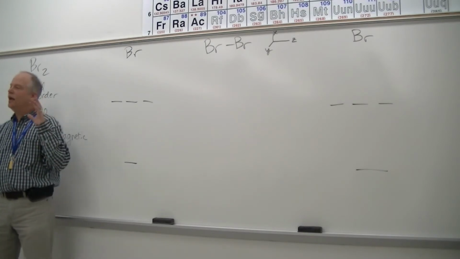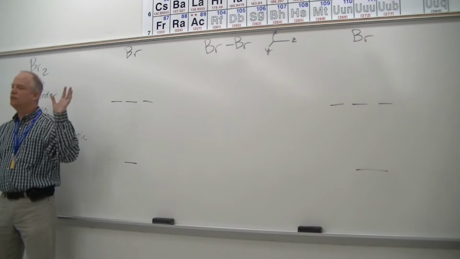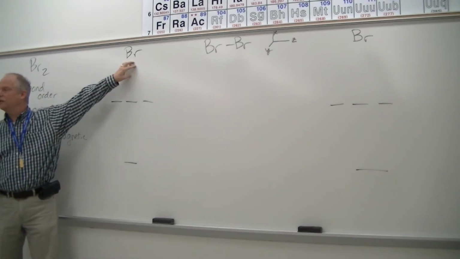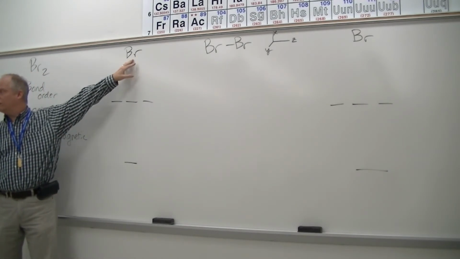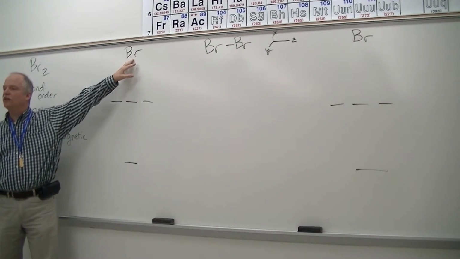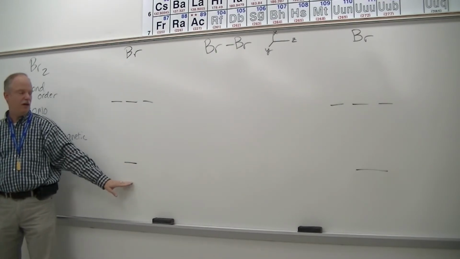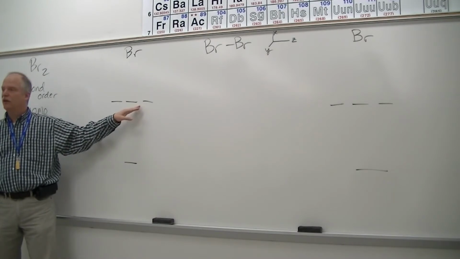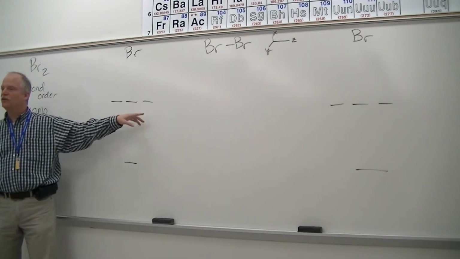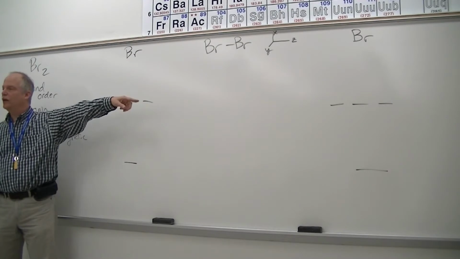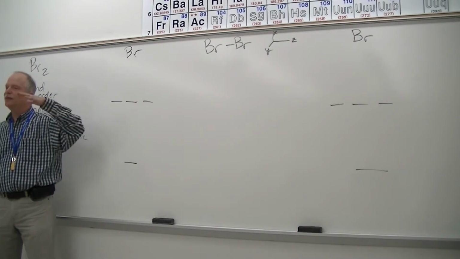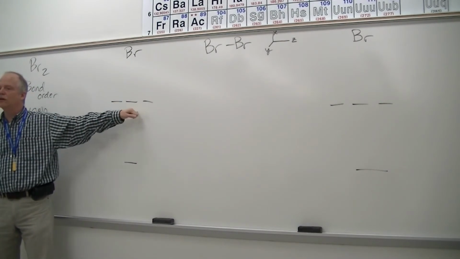If we were making HBr, okay, let's just pretend, if this was an H, what orbital do we have for hydrogen? We only have the 1s. Where would that 1s be? Would it be down here? Would it be up here? It'd be closer to the top orbital on the bromine. Those last orbitals are going to be about the same energy, so it'd be closer down here.